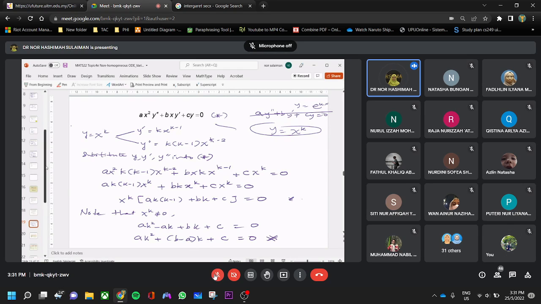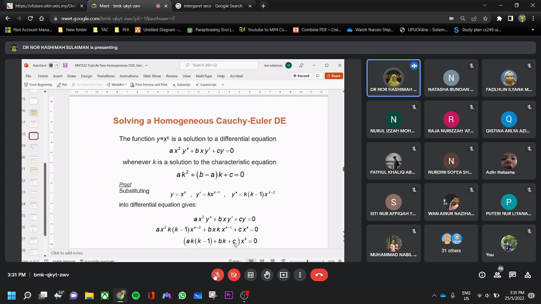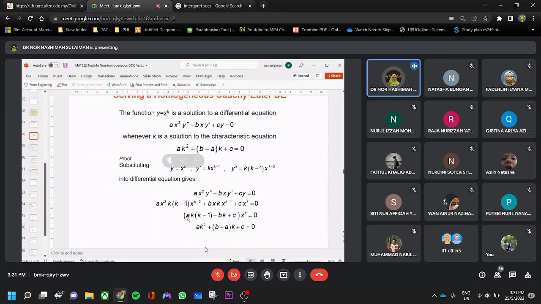Betul. So itu beza dia. Okay. Alright. So this is how persamaan karakteristik ni diperolehi for the Cauchy Euler differential equation. Biasanya dia ada komponen yang kedua ni, b tolak a by k.